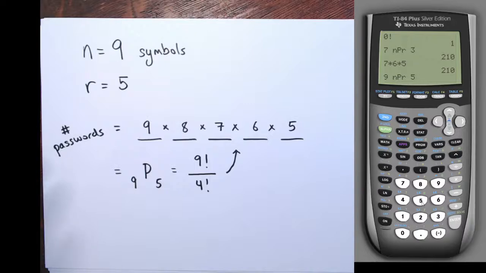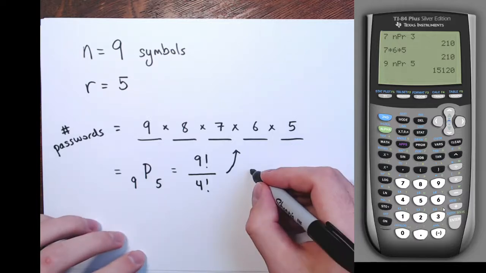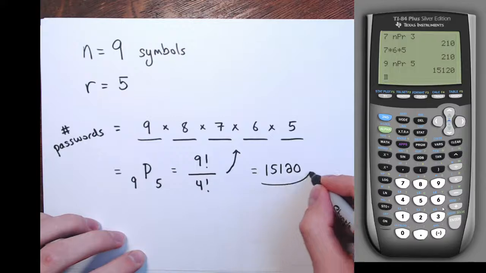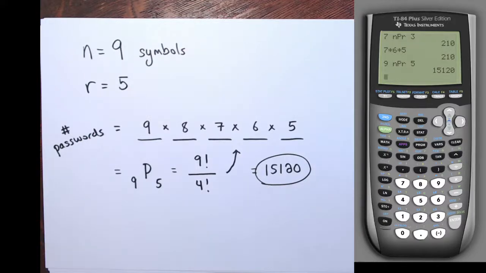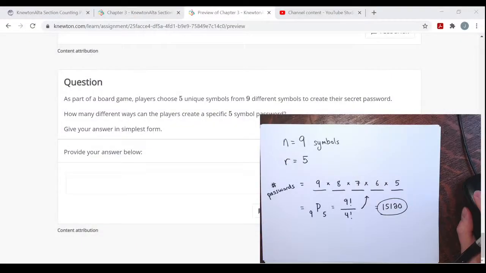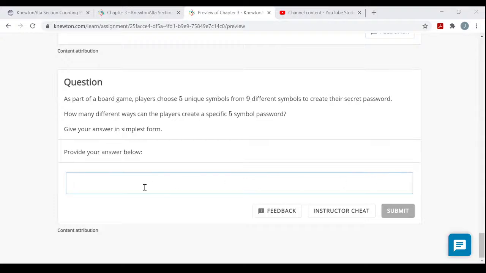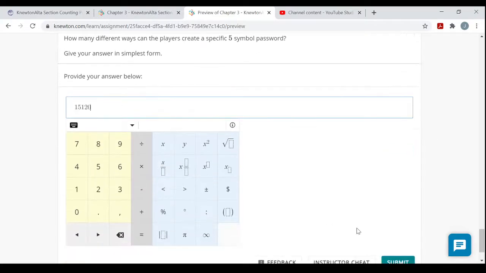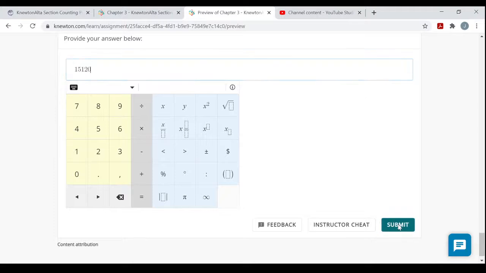I'm picking, I'll say pick for P, permutations P. And you see it's 15,120. This is how I'll enter it, no commas. 15,120 different passwords that could be created. And that's it.